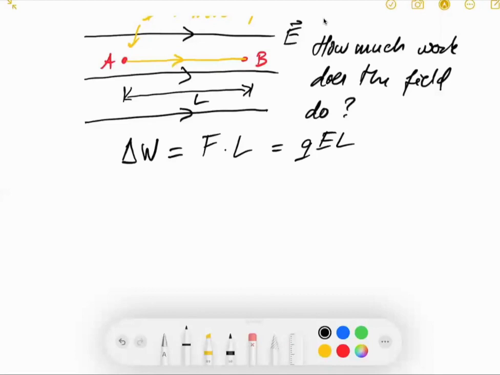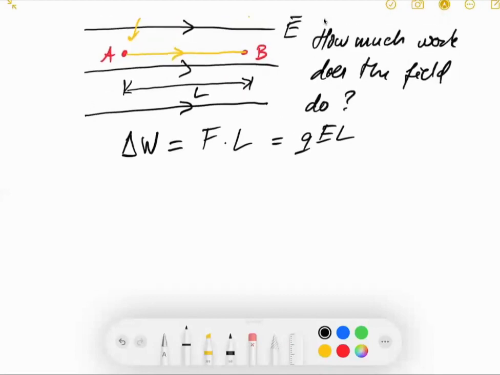If our path is not in the direction along these field lines, but for instance, somehow this particle ends up in position C, then the work done will be 0, because of course the electric field is not doing any work, because the electric field is perpendicular to the path.